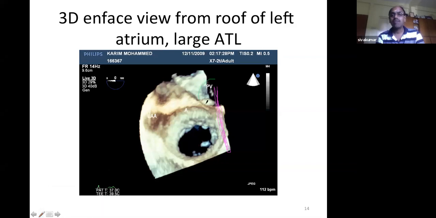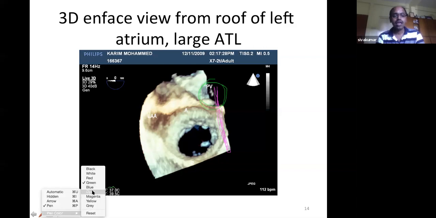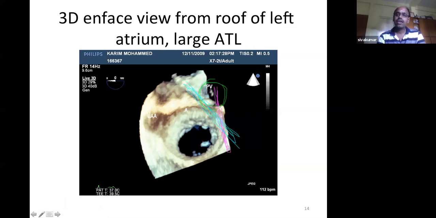This is the pulmonary valve. This is the plane of the interventricular septum. So this is the left atrium. This is the right atrium.